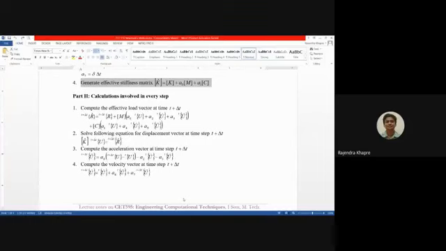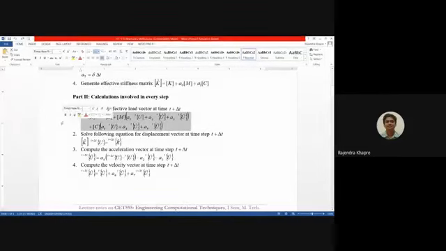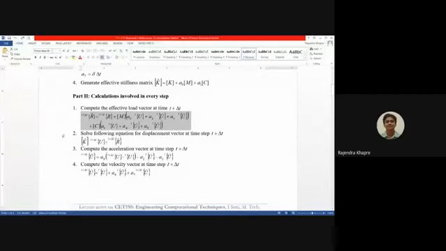We consider the load vector at delta t and find the effective load vector using this expression. Once it is calculated, you solve the effective stiffness matrix times the displacement at delta t equals the effective load vector at delta t. Once you solve this, you get the unknown displacement.